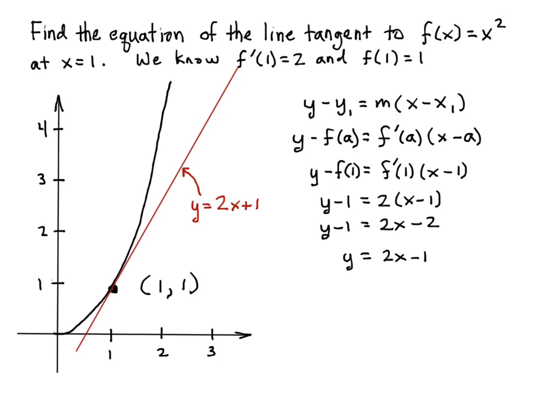But why is the tangent line y equals 2x plus 1 when you got y equals 2x minus 1? It should be minus 1.